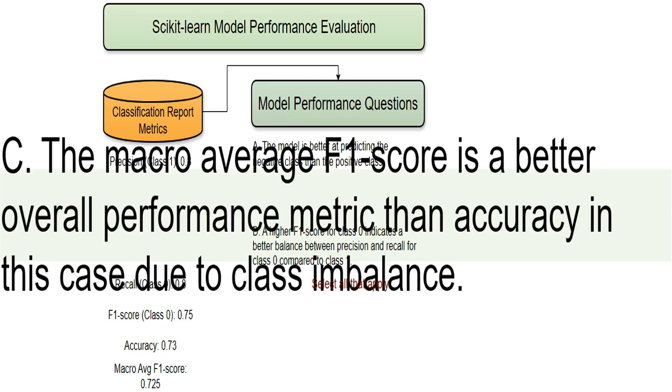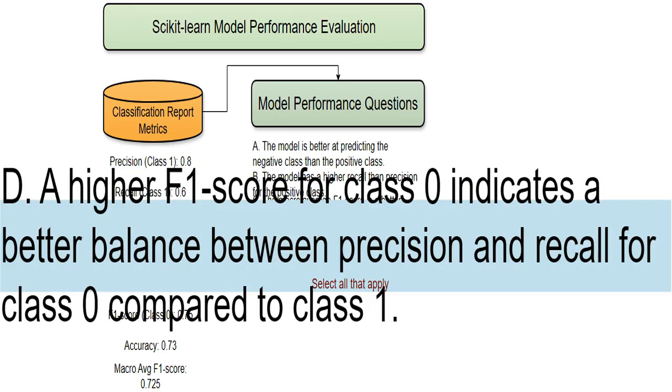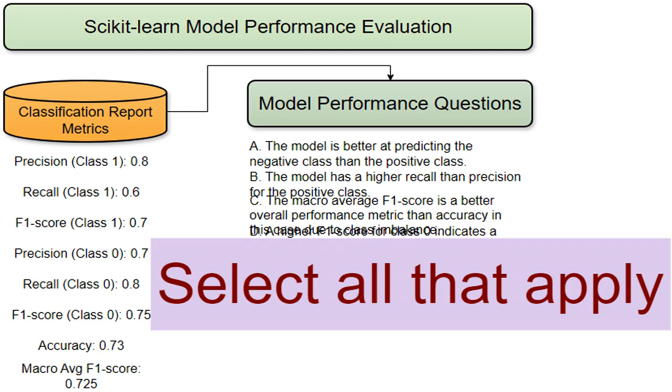Potentially true, but we can't definitively say without knowing the class distribution. The macro average F1 score may be more representative than accuracy if there is class imbalance. This is absolutely true. The F1 score for Class 0, 0.75, is higher than for Class 1, 0.7. Choose all the statements you believe are correct based on the model's performance metrics.